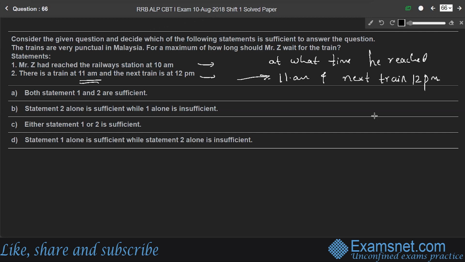He reached at 10 a.m. and the next train is at 11 a.m. Therefore, he has to wait for 1 hour, a maximum of 1 hour for the train. Therefore, both the statements are necessary and sufficient to answer the question. Therefore, option A is the right answer.